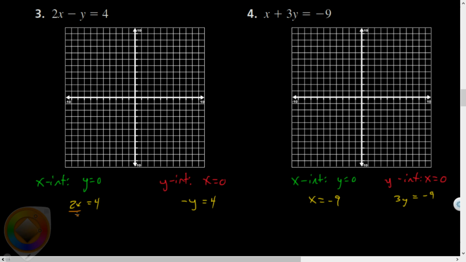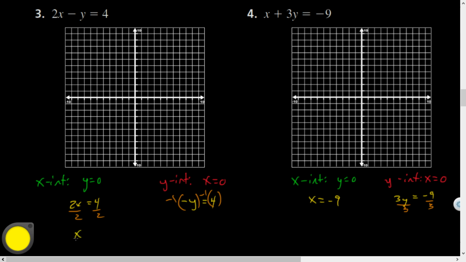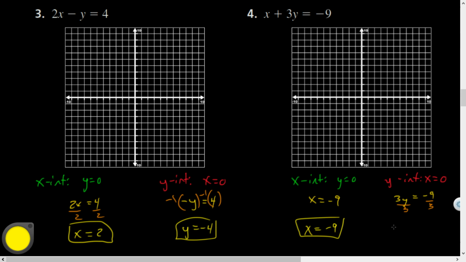Now I just solve: divide by 2, and multiply by -1 to opposite it. This one's already solved, divide by 3. Here the x-intercept is 2 and the y-intercept is -4. Here the x-intercept is -9, and the y-intercept is -3.